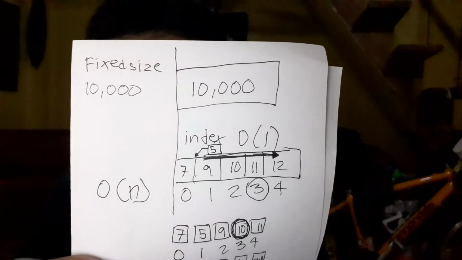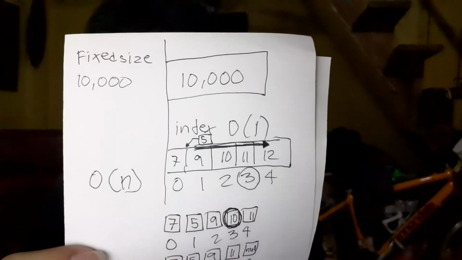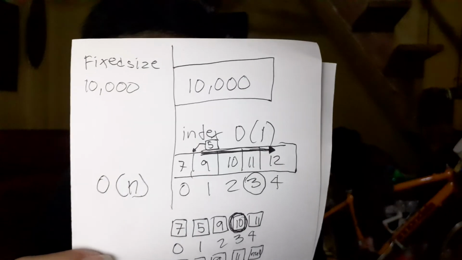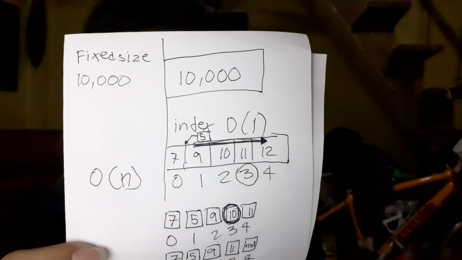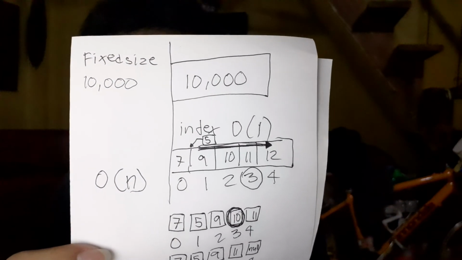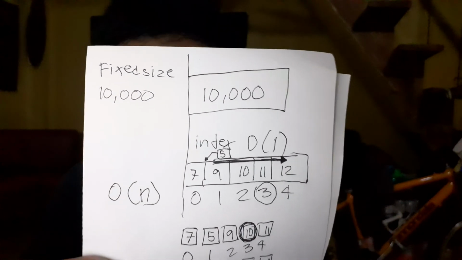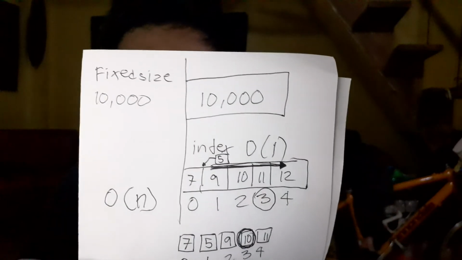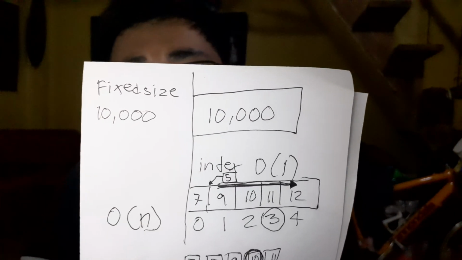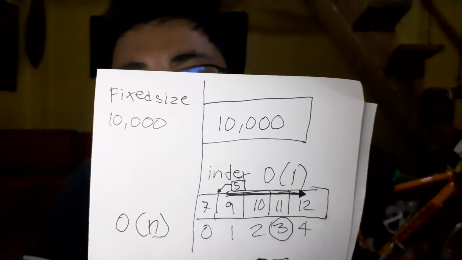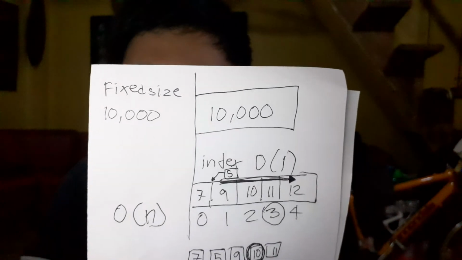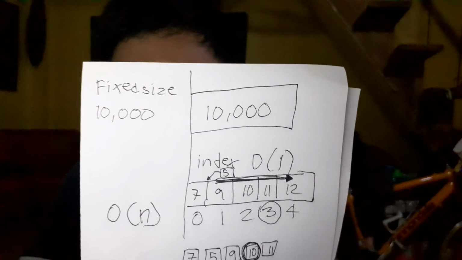Even just inserting randomly is going to be faster in some of those structures because of the way that they're set up. So just something to consider. I hope you now know how arrays work in the computer's memory. It's definitely an important thing to understand.